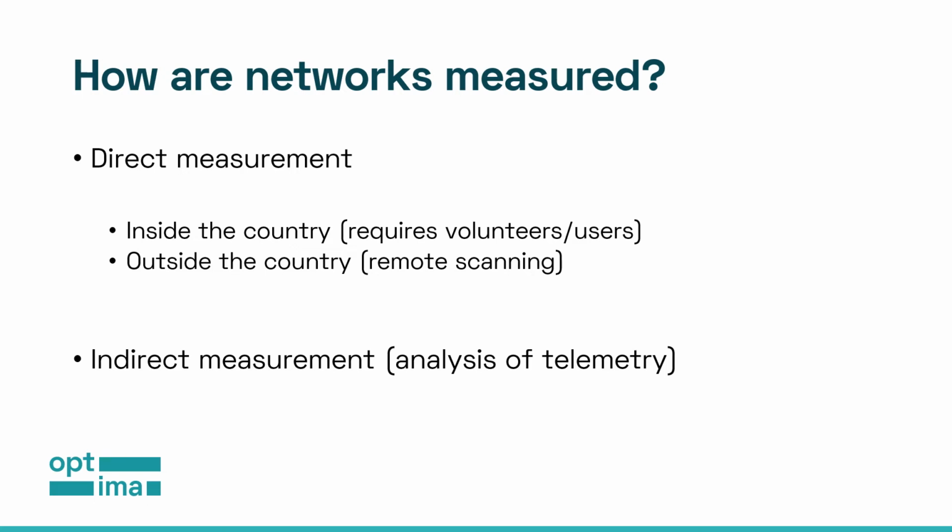So that is a bit about direct measurement, where you're actively performing tests connected to a network on the internet. Another form of measurement is what we call an indirect measurement. In this case, you're not really actively performing tests. Rather, this involves the collection and analysis of telemetry. An example of this is, say, Google.